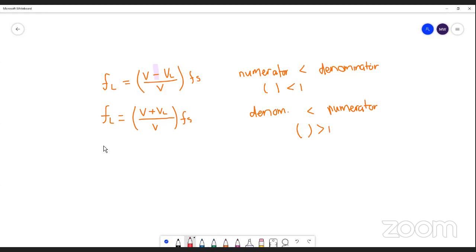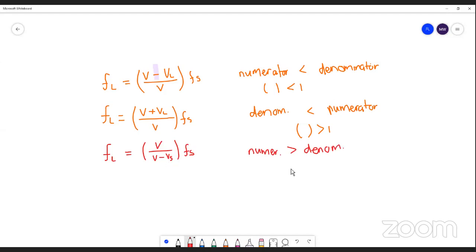If we're looking at your source, when you are subtracting the speed of your source, then it means that your numerator is greater than your denominator.